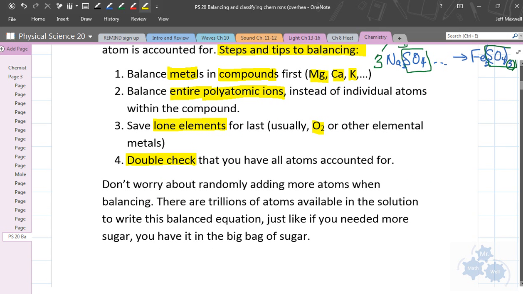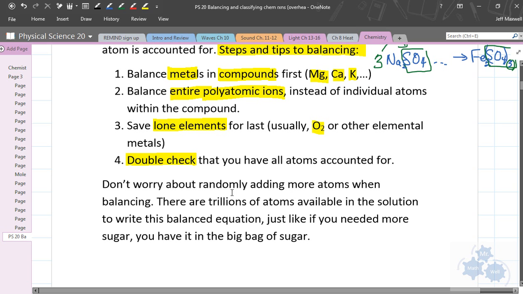The other piece to this, and sometimes students just say, well, how can I just add another compound to this mix here? You don't have to worry about adding randomly more atoms when you're balancing, because inside the beaker or inside the container, there are literally trillions and trillions of different atoms that are available to just kind of pull in and add to this kind of big recipe, right?